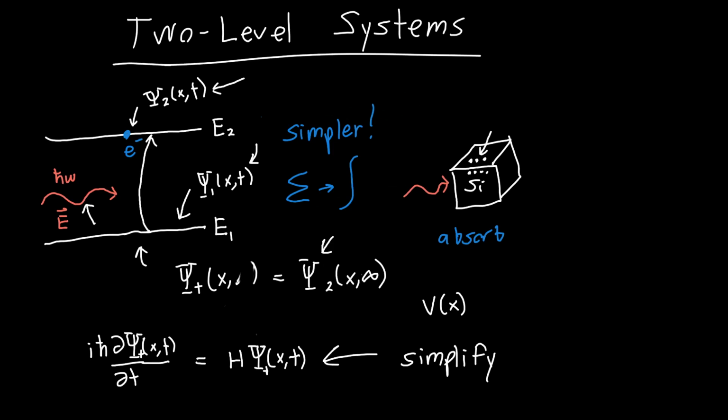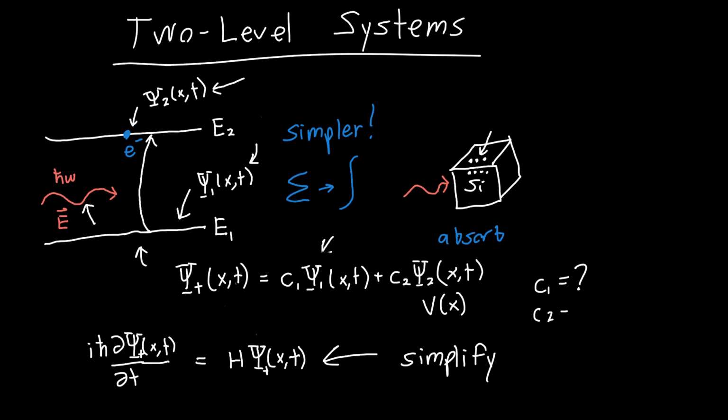In general, this total wave function is going to be some unknown combination of Psi1 and Psi2, with coefficients C1 and C2. We don't know what they are, and we'd like to figure out what they are.